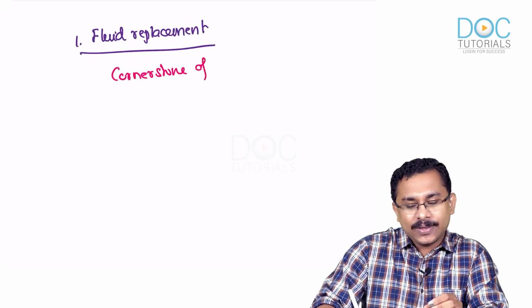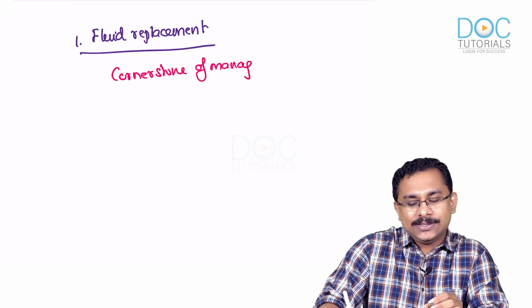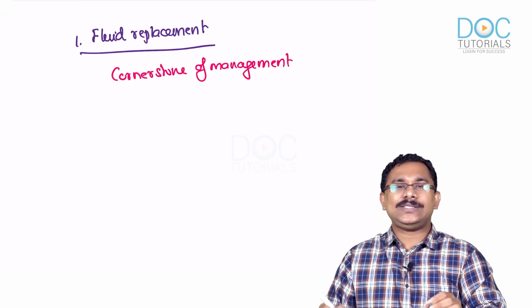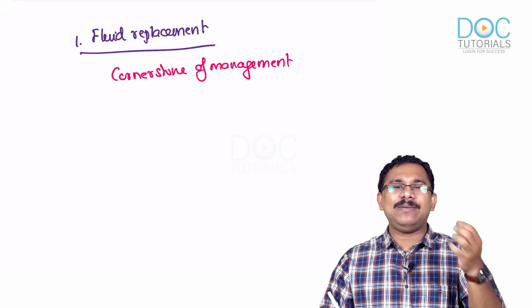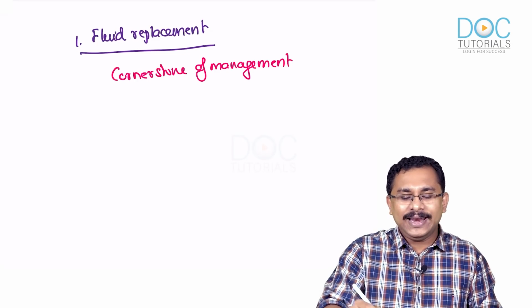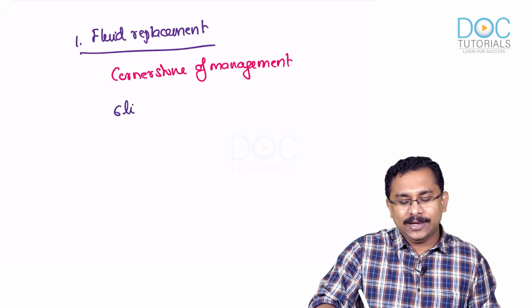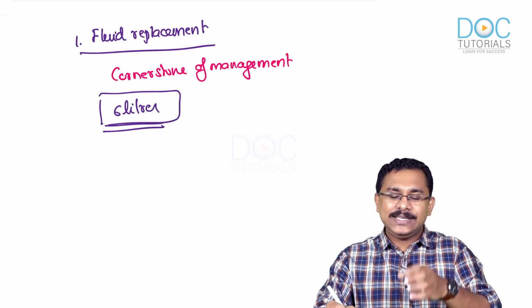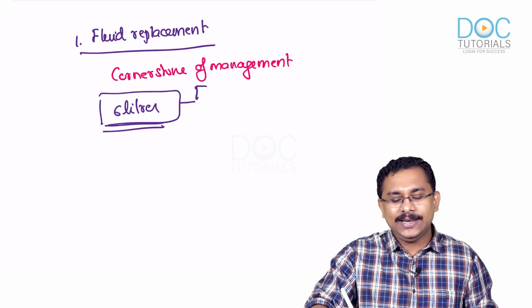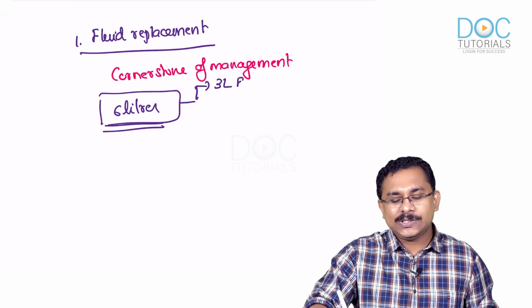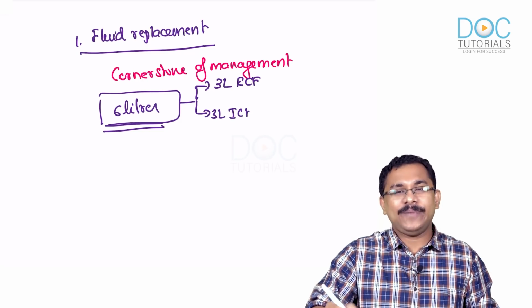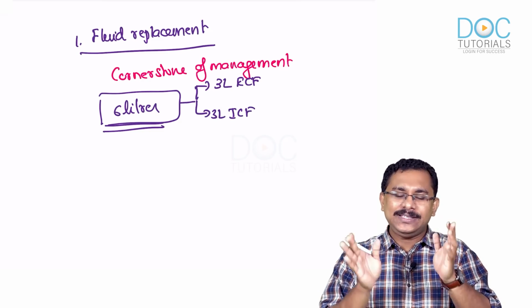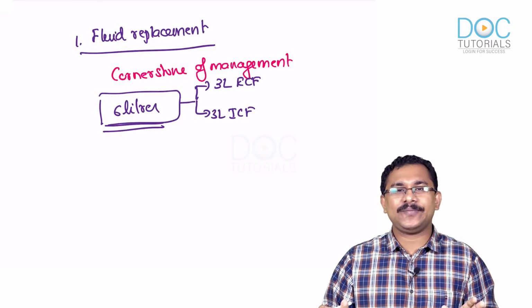Very important. Why do I say this? Because in diabetic ketoacidosis, I told you it can be mild, moderate or severe. But on average, you would have a fluid loss of at least around 6 liters. Out of these 6 liters, around 3 liters of ECF as well as 3 liters of ICF would have been lost. So on average you can say 6 liters loss is there.